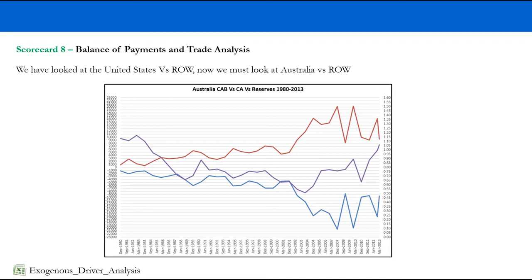We look at Australia on a static absolution principle basis versus the rest of the world, so in an endogenous way, and we continue to build towards our exogenous analysis. All of the trade data for Australia is available in the spreadsheet.